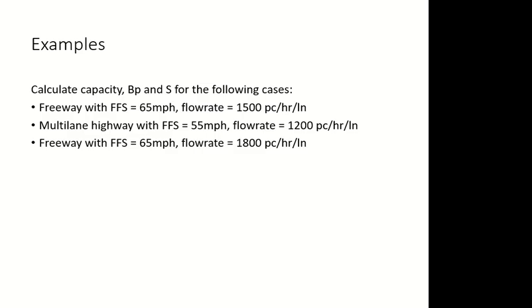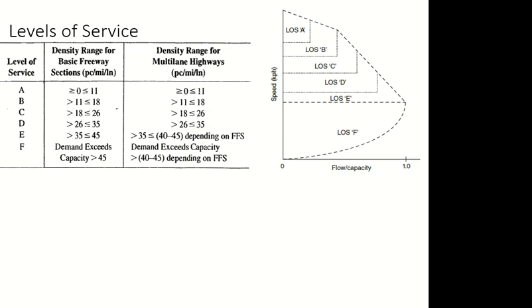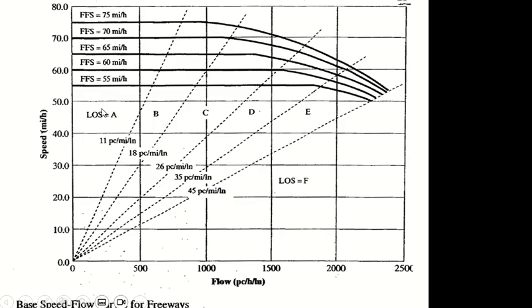From where do I get these values? It should have come first actually, from here. Every level of service has a range of density. You can see the first one has 0 to 11, then 11 to 18, then 26, 35 and 45. So these are used as slopes here. They plotted these curves.